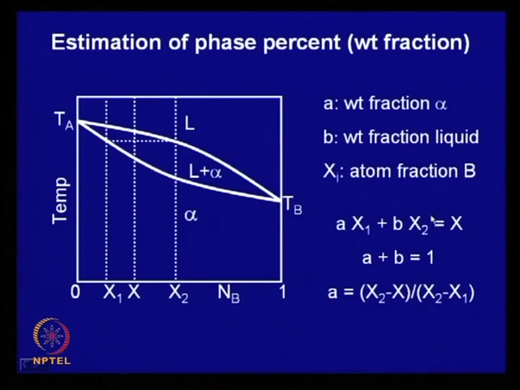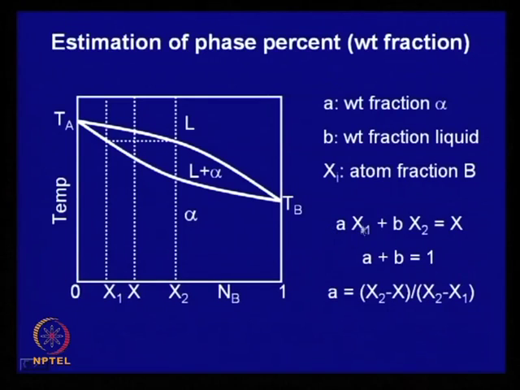Now, what you can do? You can try and find out, see, the total amount of B in the alloy is x. X represents the weight fraction of B in the alloy. In that case, you can simply write this equation. So, A is the weight fraction alpha times x 1 is the amount of B, so multiply this by x 1.